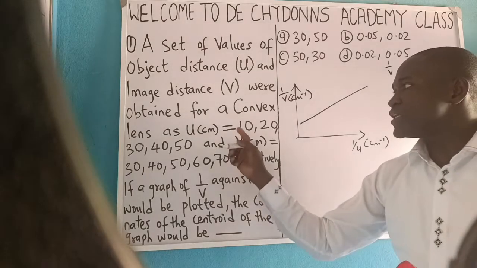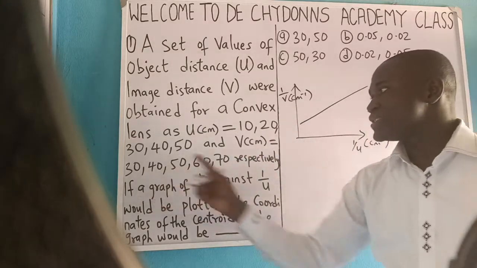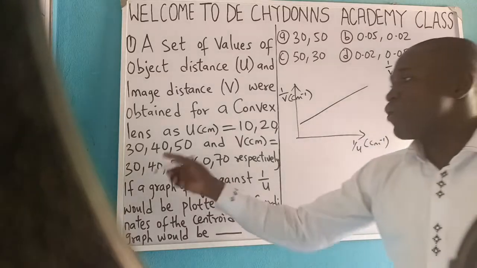Okay, the first v is 30. 1 over v means 1 over 30.